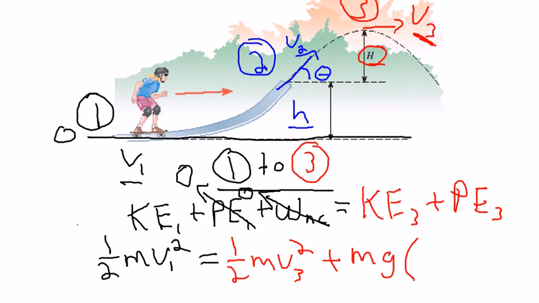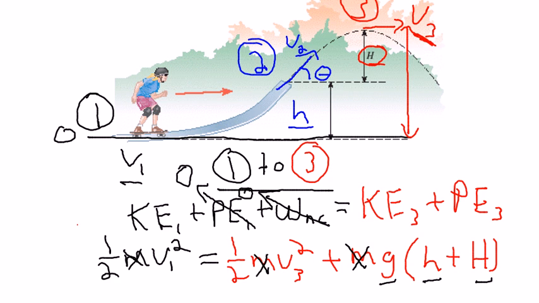But the total height at point 3 is this entire distance here, so the total height is going to be the little h plus the capital H. So if we look at this problem here, capital H is what we're trying to find, little h is given to us, we know g. Oh, look at this, all terms have mass in them, so that can cancel out.